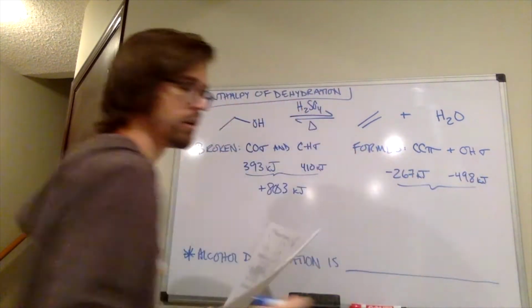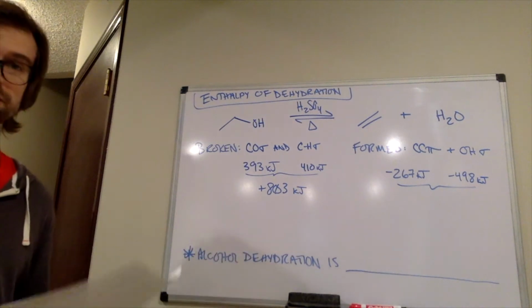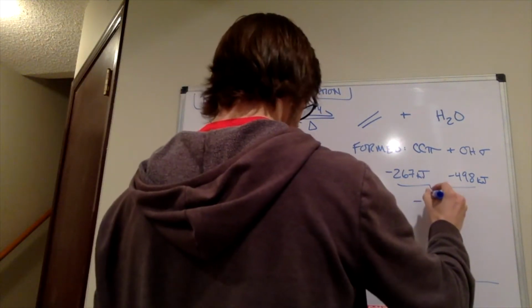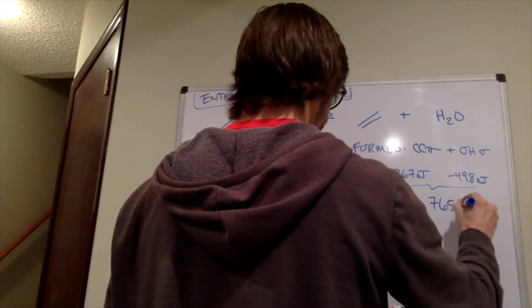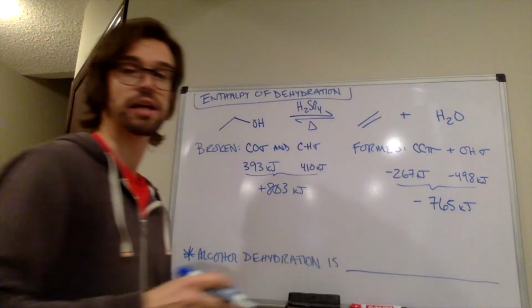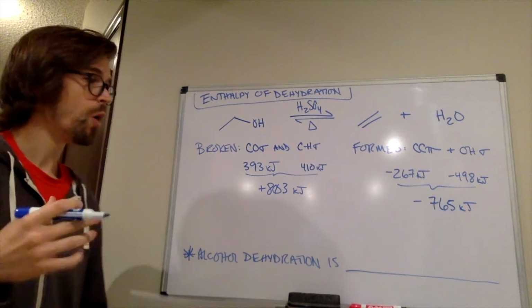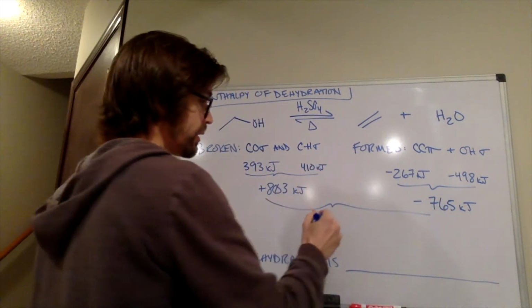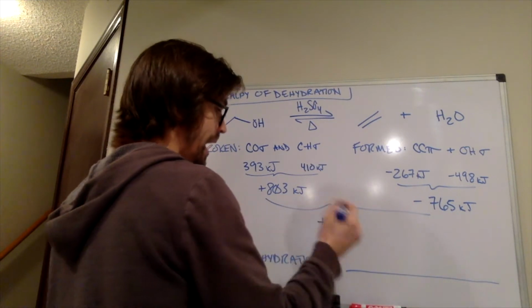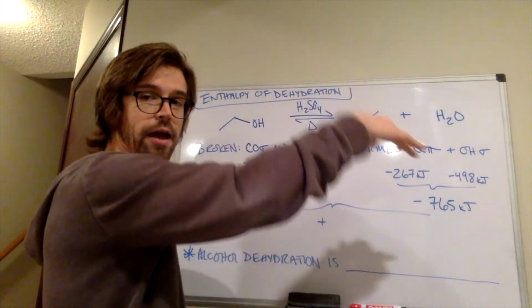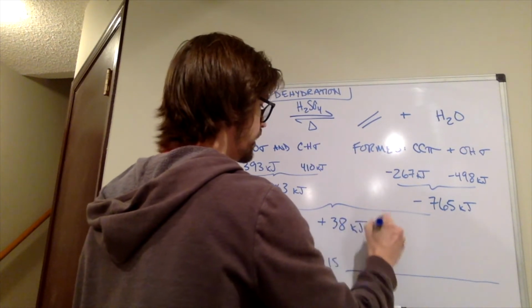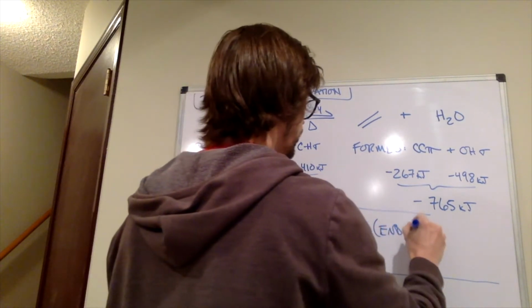So together, we had to use 803 kilojoules to break those bonds, and we gained 765 kilojoules of energy out of that. So where's our energy balance? If you just look at adding these two things together, we are actually endothermic, so we're going up in energy, 38 kilojoules. We are endothermic.